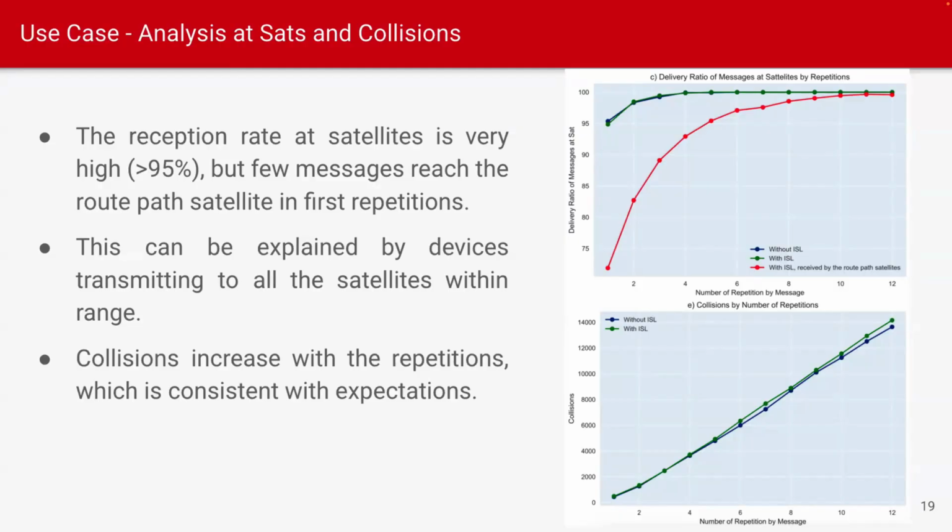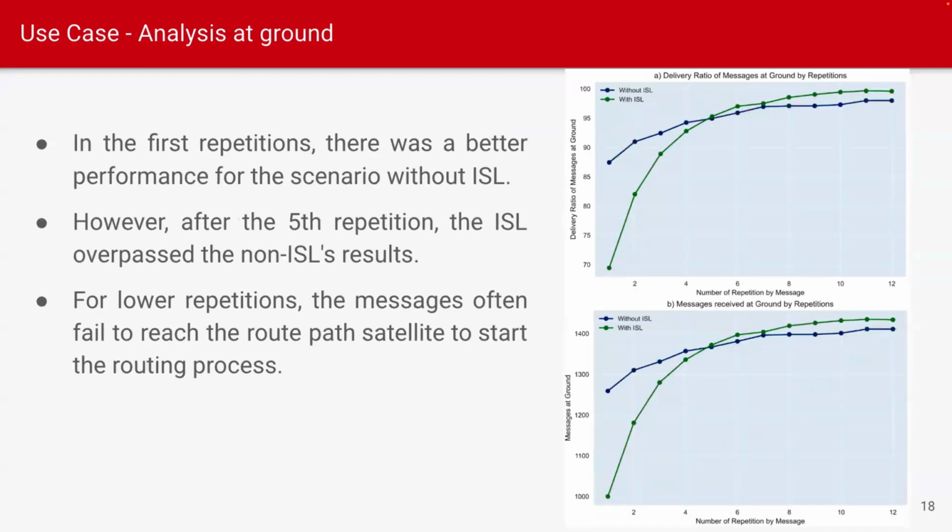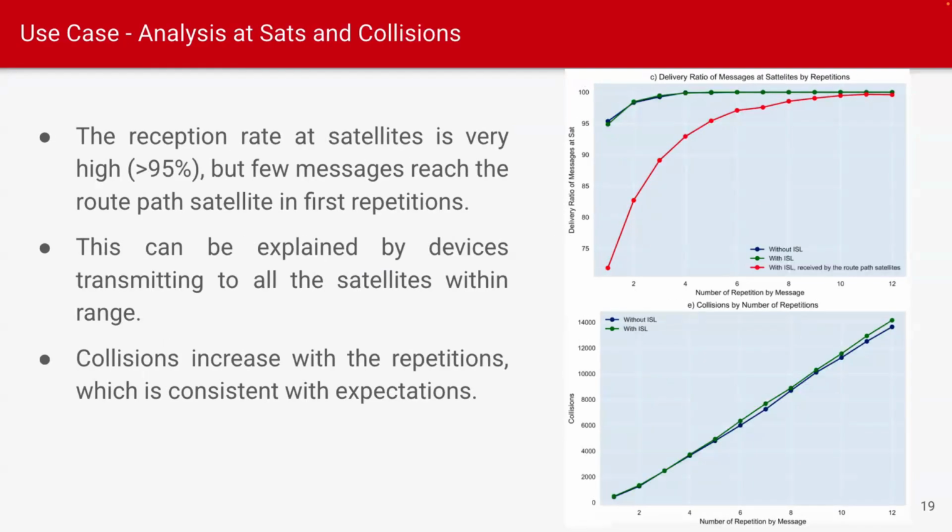The good satellites don't receive the packets every time, so the delivery ratio of messages here is lower because we receive fewer repetitions. And here is the number of collisions. For sure, if we have more repetitions, we have more collisions because we are generating more traffic.